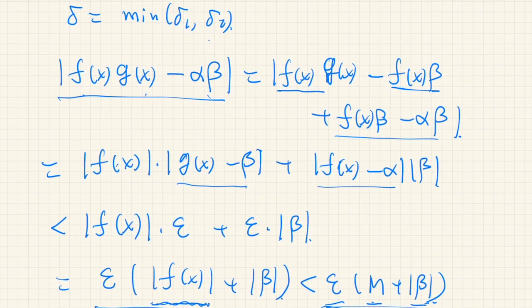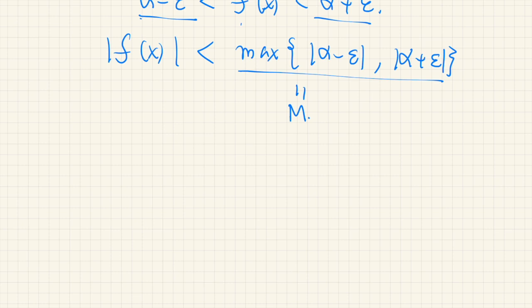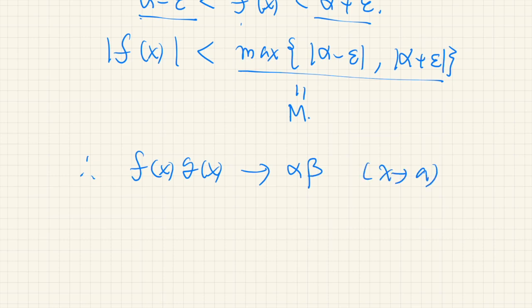Therefore, we just proved the convergence of the product to the product of the limits. Therefore, f of x times g of x converges to alpha beta as x goes to a.